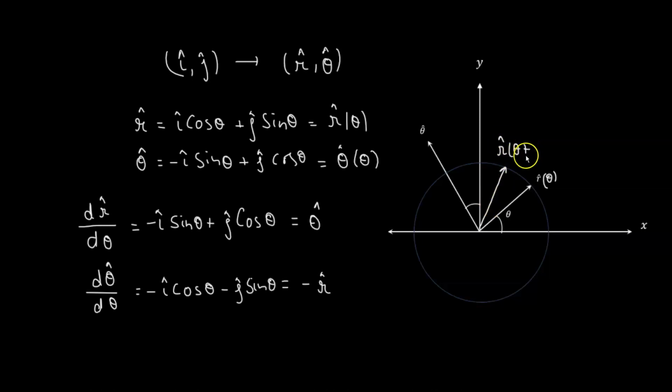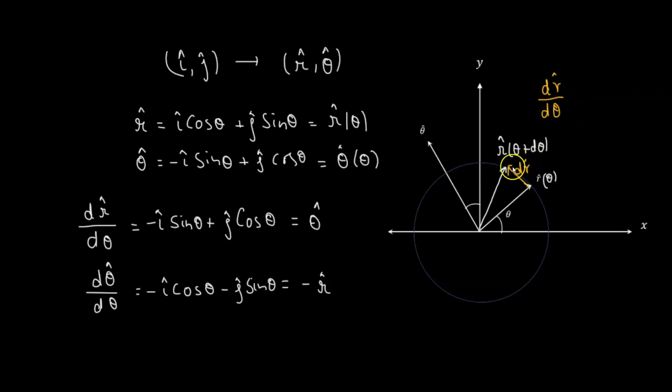theta plus d theta. Next, we need to ask by how much r cap theta changed when theta incremented by d theta amount. And that is simply given by the displacement d r cap. This is equivalent to saying by how much r cap has changed for every theta increment from theta to theta plus d theta.